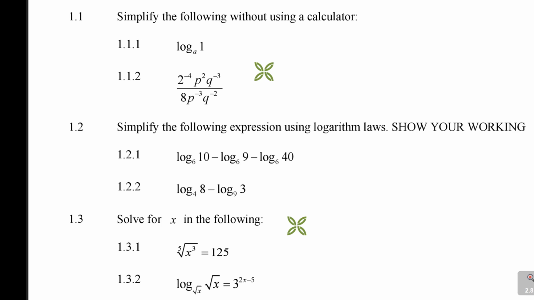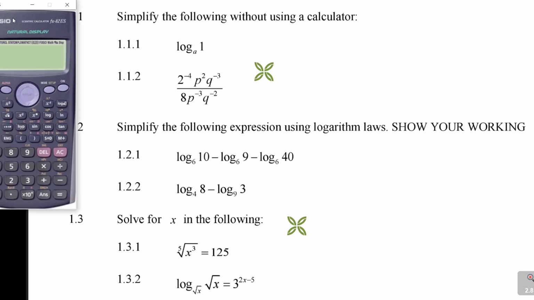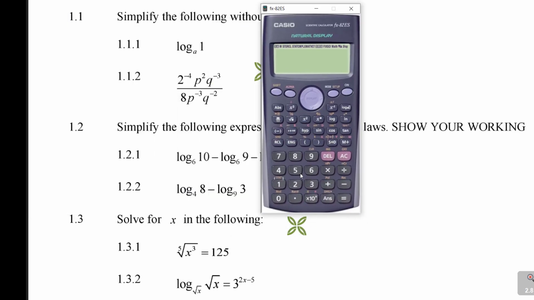Let's try the same thing here: 2 to the power of negative 4, and then you multiply by p, which was 3 to the power of 2, then q, which was 5 to the power of negative 3.